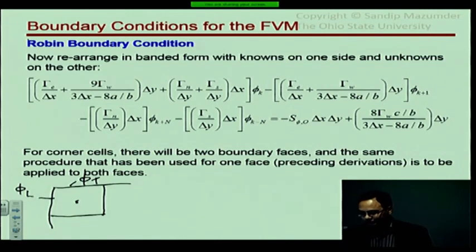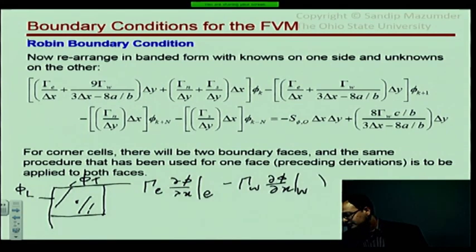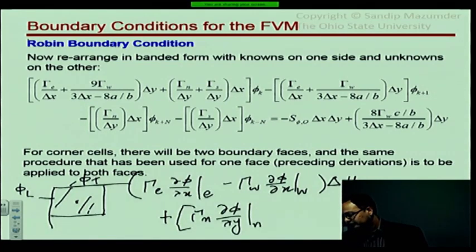So I want to derive now an equation for this control volume. So what do I do? I go back to my equation, which says gamma east d phi dx at the east minus gamma west d phi dx at the west times delta y, and then I have plus gamma north d phi dy north minus gamma south d phi dy south times delta x.